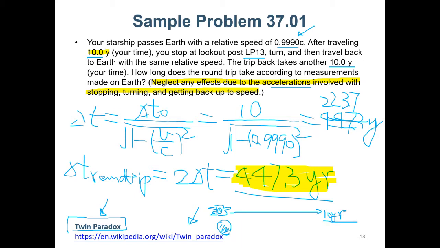However, the guy on the Earth here has a relative motion with the starship, so that the time it feels is delayed. So that's what it means. 447 years is for this poor guy, and 10 years is for the one on the starship.